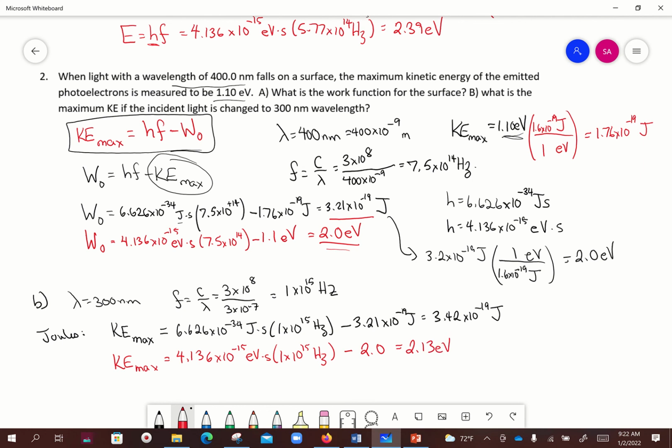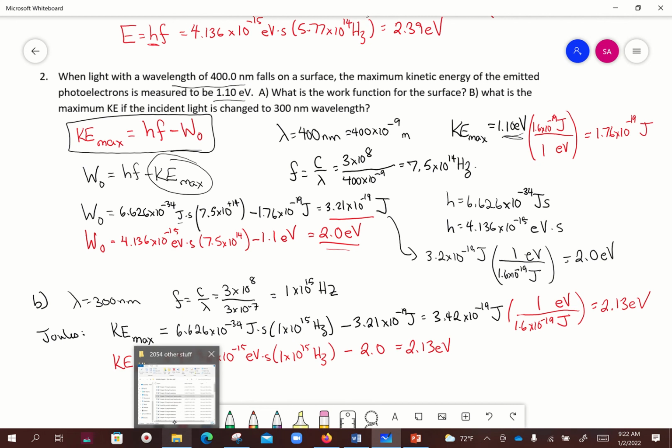And again, I could have taken my joules and converted it. So I want to get rid of the joules and go to eV. So I'm going to do 1.6 times 10 to the minus 19 joules goes with 1 eV, and I would still get 2.13 eV.